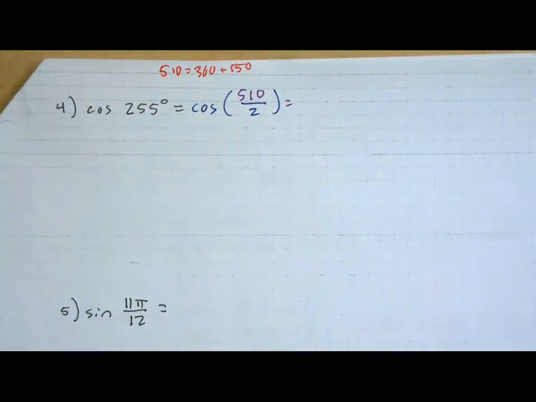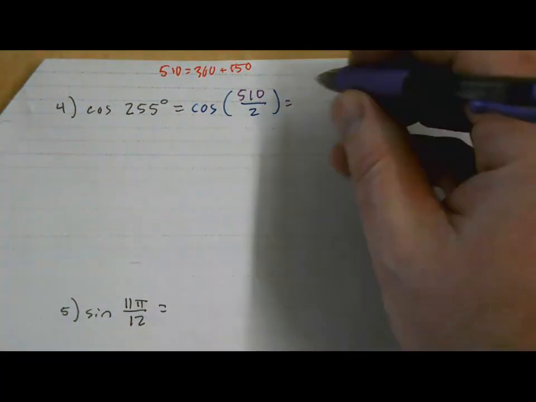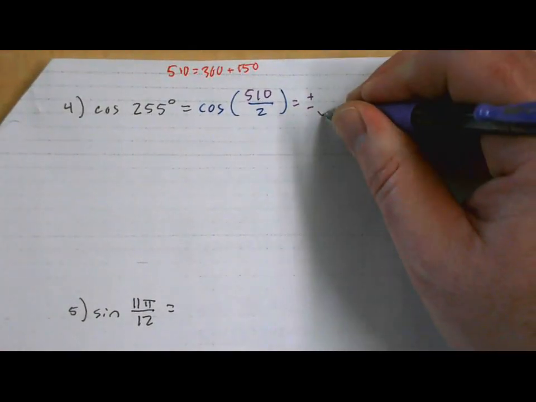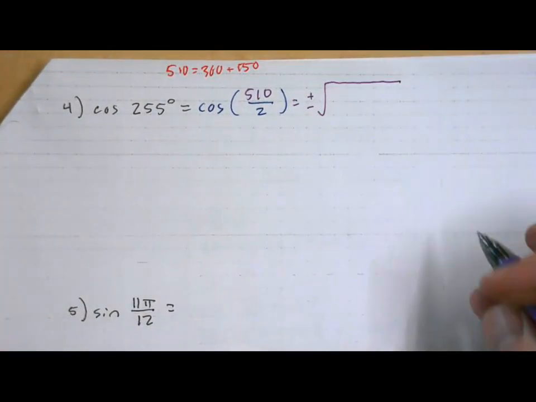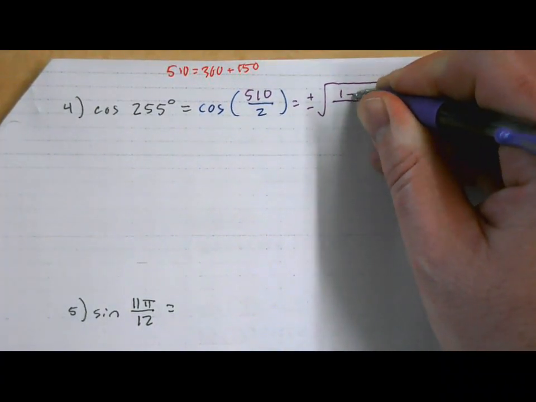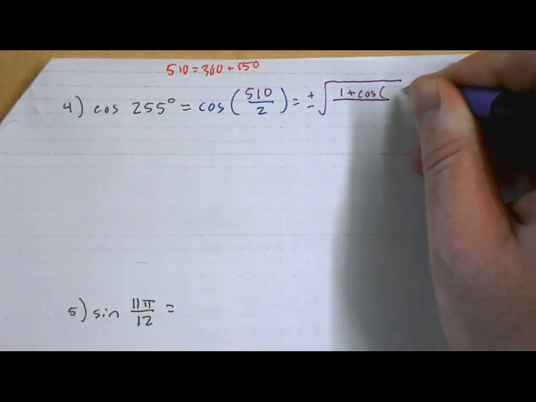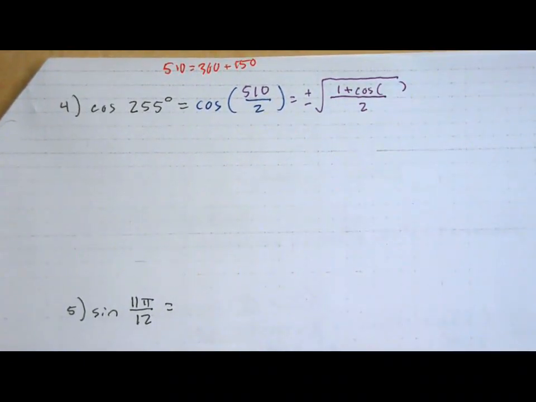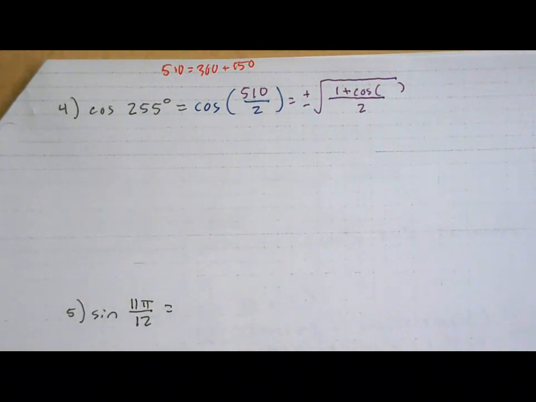Now cosine, this is one of those ones with the plus or minus, right? It's plus or minus. I don't have these memorized again yet. Inside of the radical, we've got 1 plus cosine of something over 2. That's right. Now, before I go any further, I want to figure out, is it the plus or is it the minus?